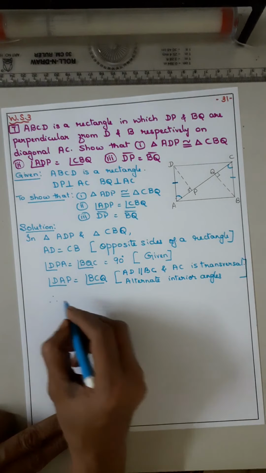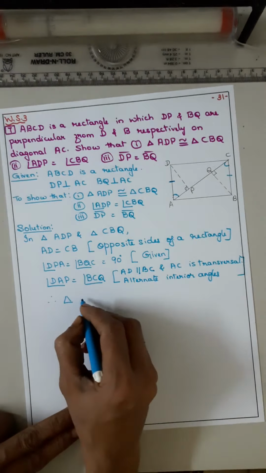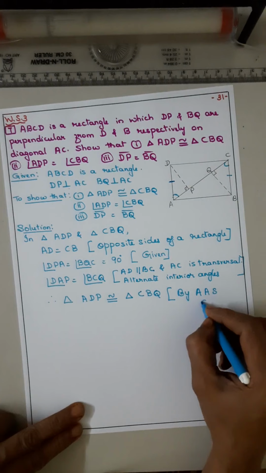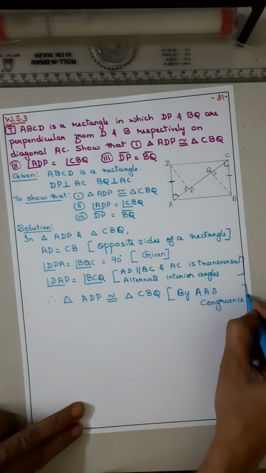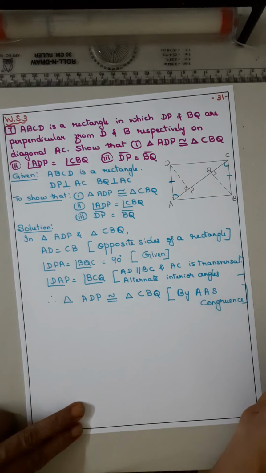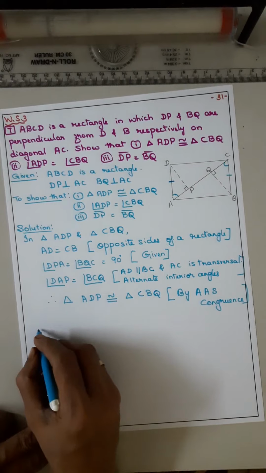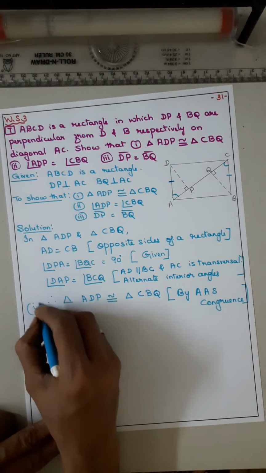Therefore triangle ADP is congruent to triangle CBQ by angle side congruence. Now the first is over.